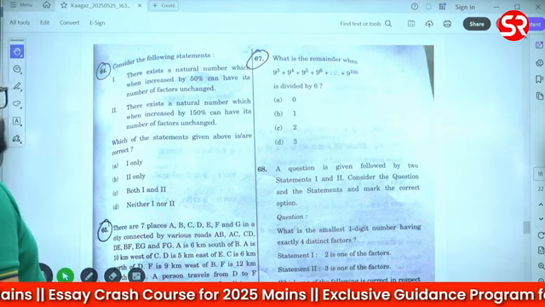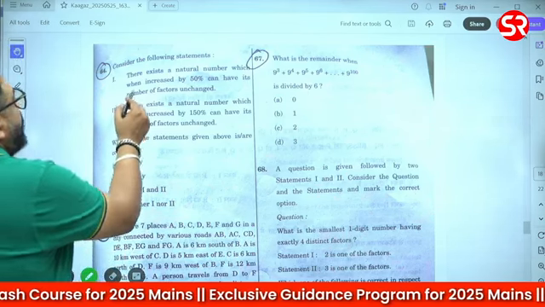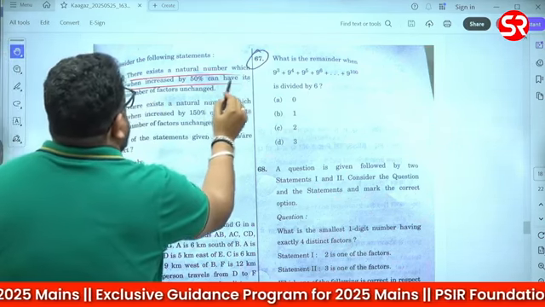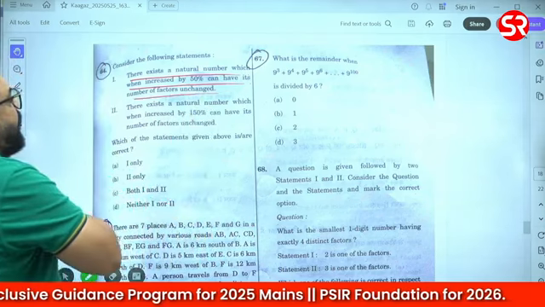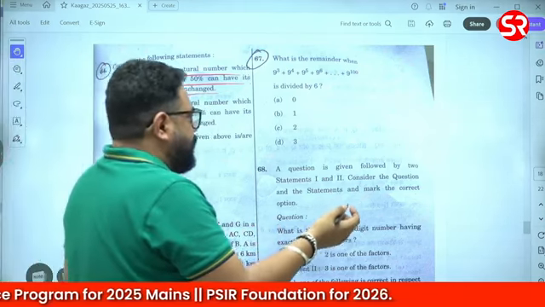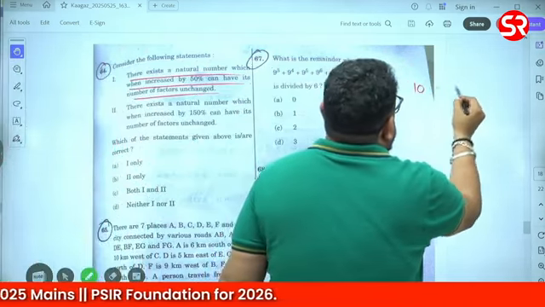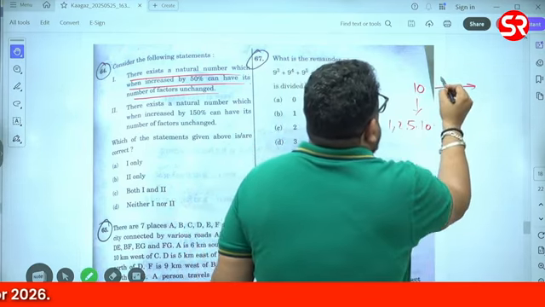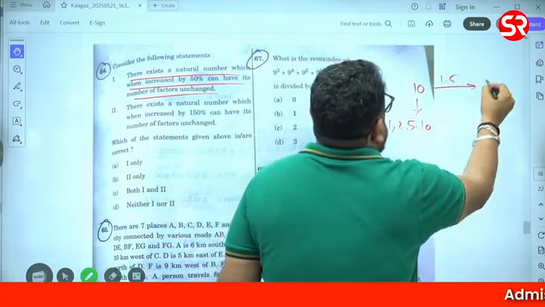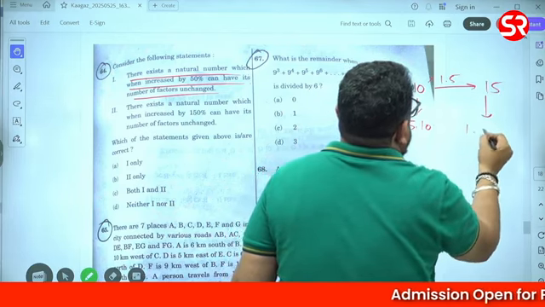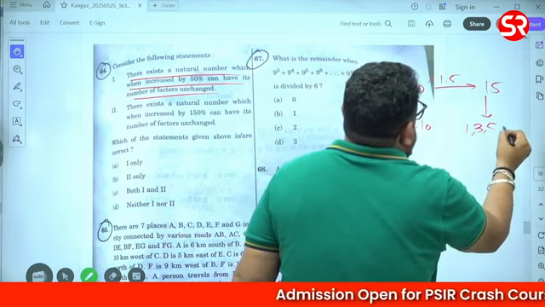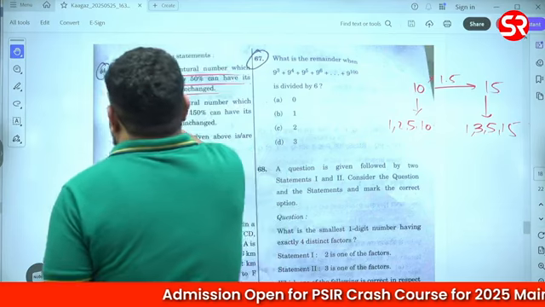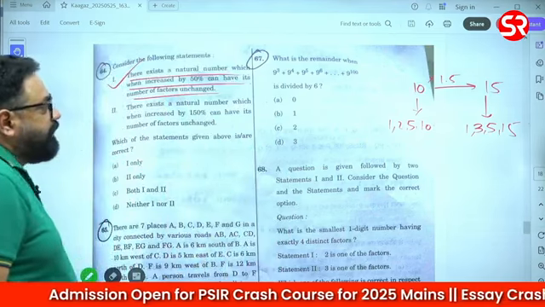अभी देखो, he says there exists a natural number which when increased by 50% can have number of factors unchanged. If we take 10, right, factors 1, 2, 5 and 10, increase by 50%, multiply by 1.5, इसके हो जाएंगे 1, 3, 5 and 15. Yes, there exists.